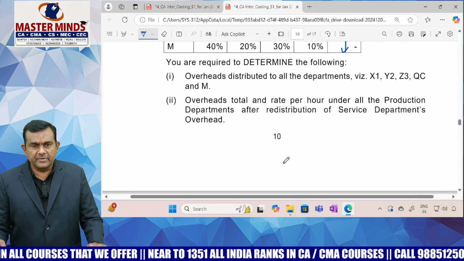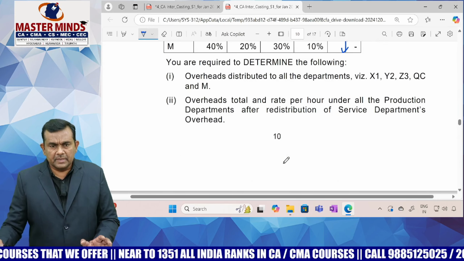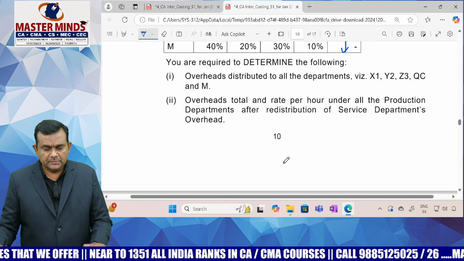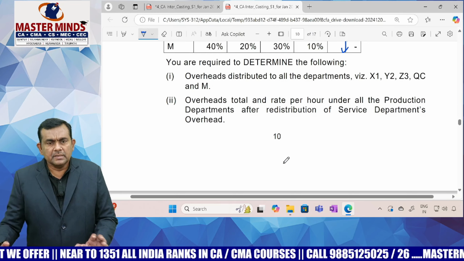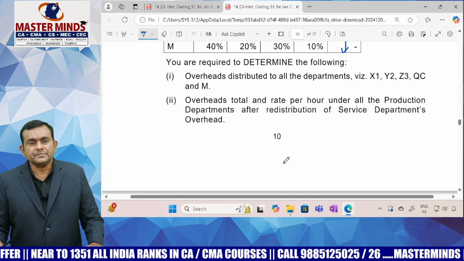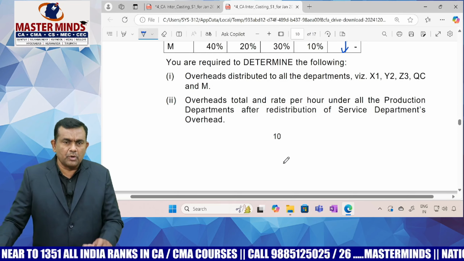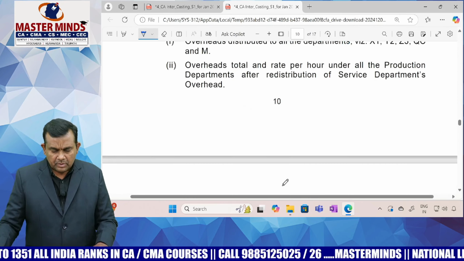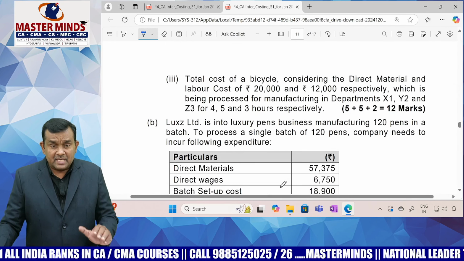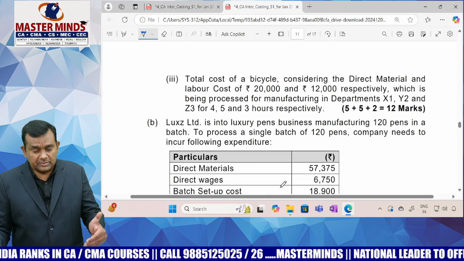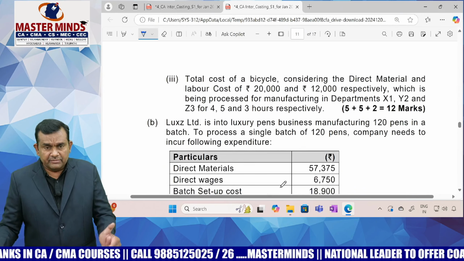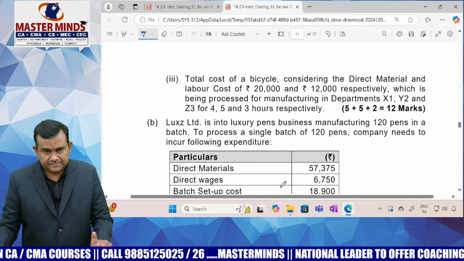This is the cross service, sir. So that indicates reciprocal method. So you can do easily second distribution. After that, calculate the overhead rates. These rates are used to charge the overheads for a given work or for a given job.